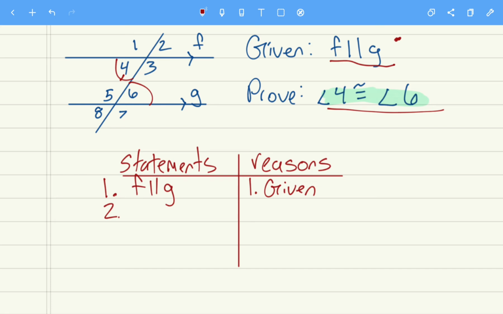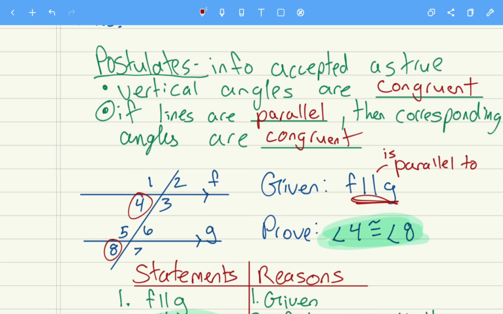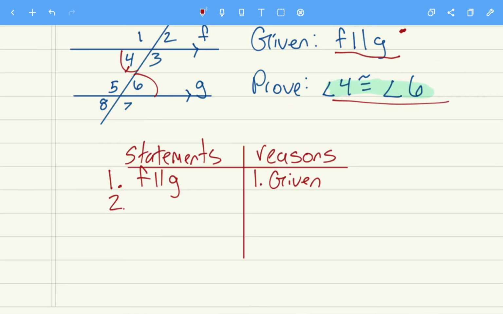Now, using our postulates from above, vertical angles are congruent and corresponding angles are congruent. I know that 4 is congruent with 2, and 4 is also congruent with 8. So you could pick either one of those. Let's do 2.